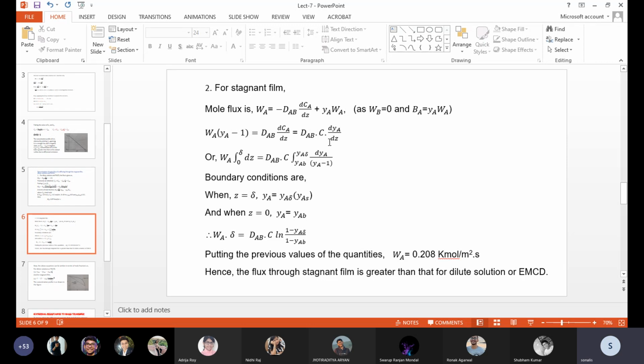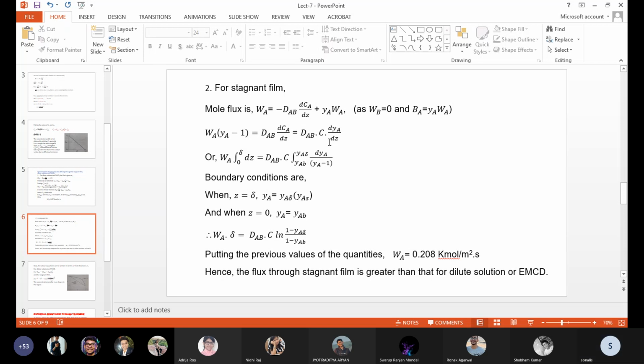Again we integrate, 0 to delta dZ, equal to D_AB C, with limits: when Z is 0, it was previously C_A equal to C_AB, and here, as we are considering mole fraction, it will be Y_AB instead of C_AB. And when Z is equal to delta, C_A is C_AS or C_A delta, so in terms of mole fraction Y_A delta, of Y_A by Y_A minus 1.